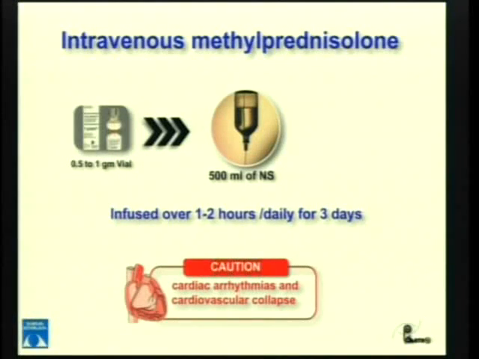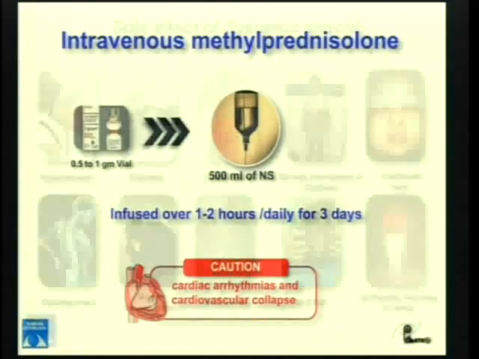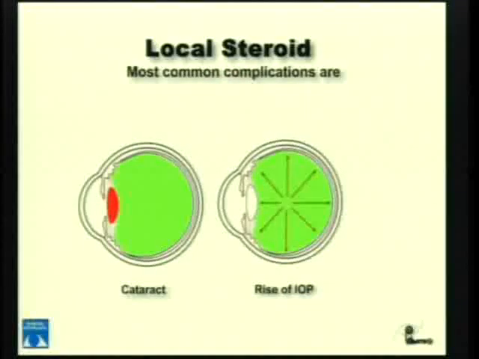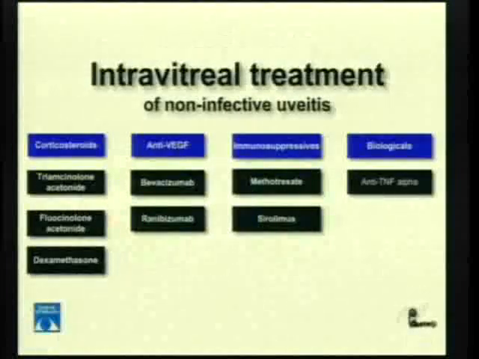We have intravenous methylprednisolone, which is very effective in treating visually threatening uveitis cases, but it has significant side effects like cardiac arrhythmia or cardiovascular collapse. There are a lot of side effects of systemic steroids. Local steroids are most commonly known to cause two significant side effects: cataract and rise of intraocular pressure.